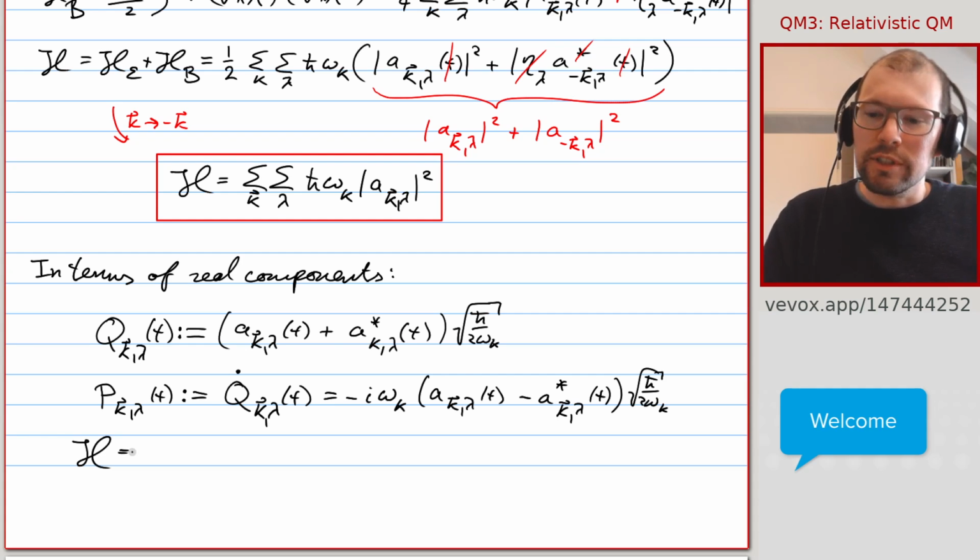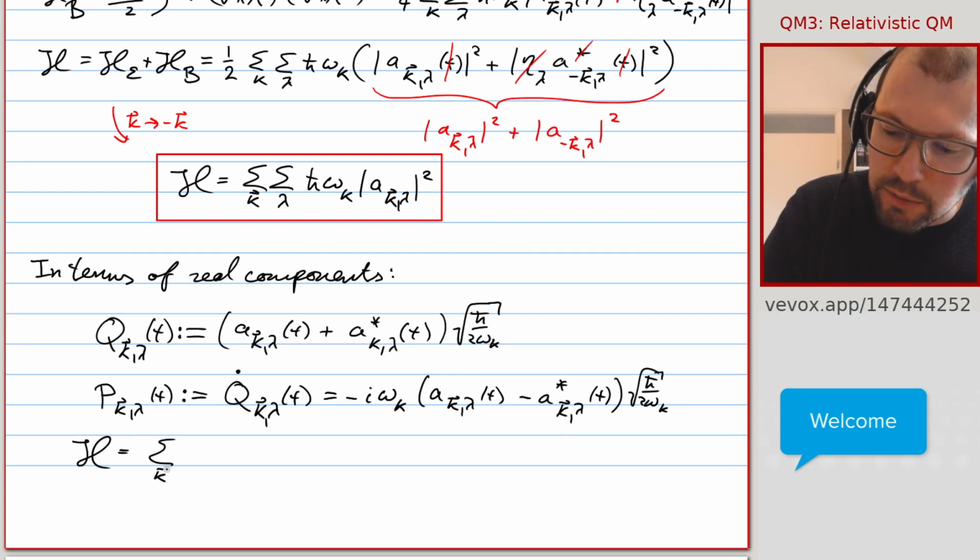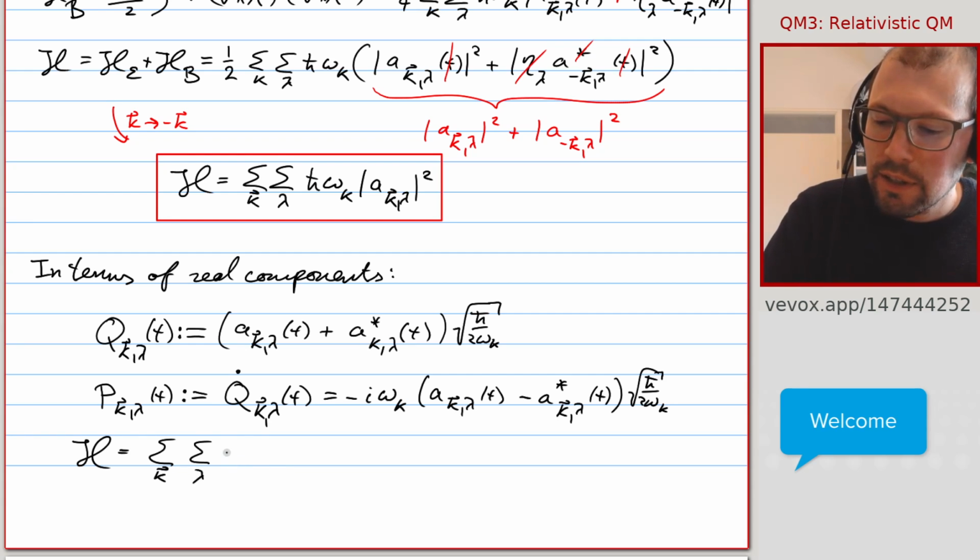And let's see what the Hamiltonian looks like in terms of the real and imaginary component. So we still have this sum over the wave number, the sum over the polarization.